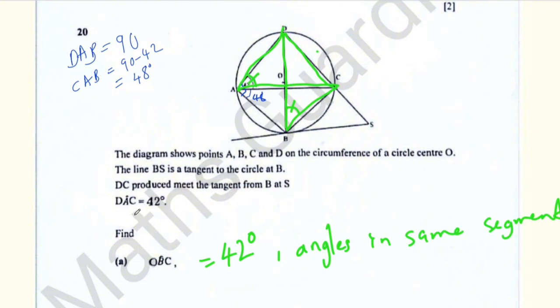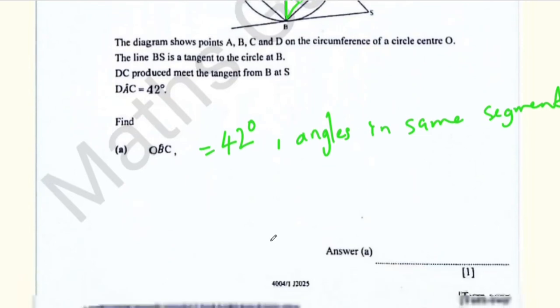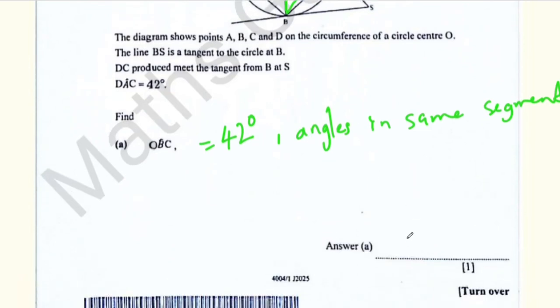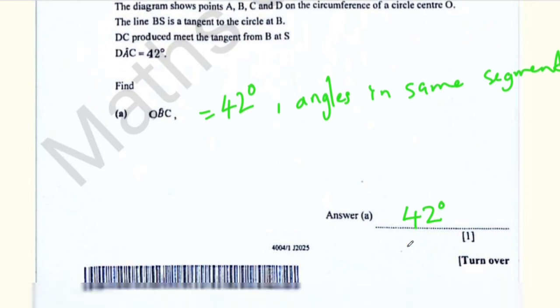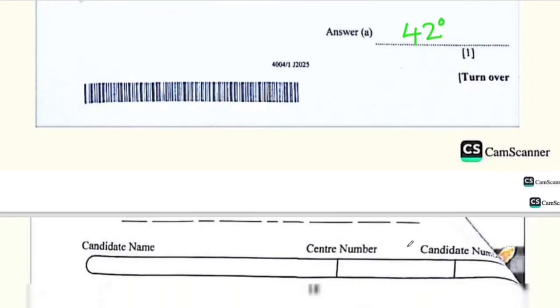Okay, so that's another rule to observe. So that angle there, CBS, should also be equal to 48 degrees. So here we're going to just write the answer 42 degrees in the space that we've been given.